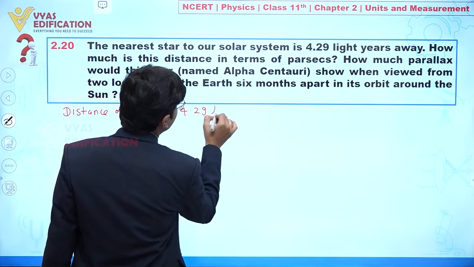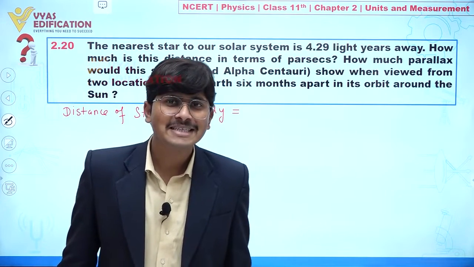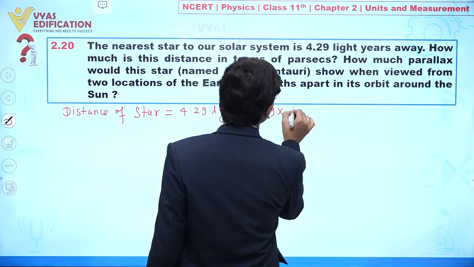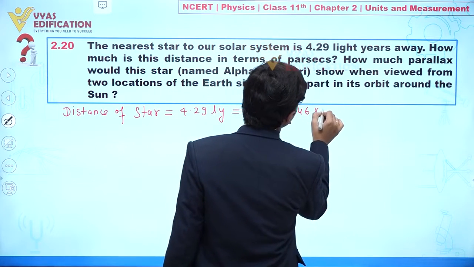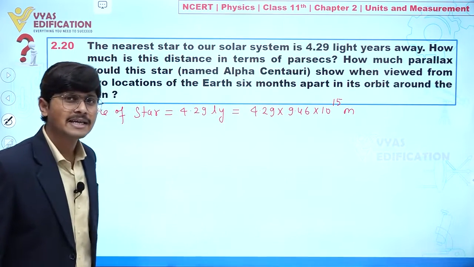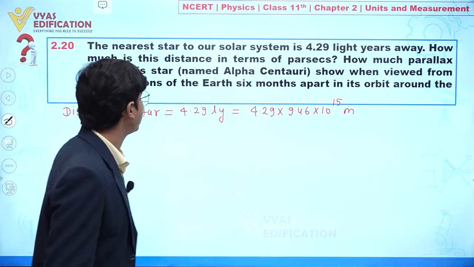Now you know 1 light year is equal to how many meters? So we can write like this, 4.29 into 9.46 into 10 to the power 15 meter. 1 light year is equal to 9.46 into 10 to the power 15 meter.